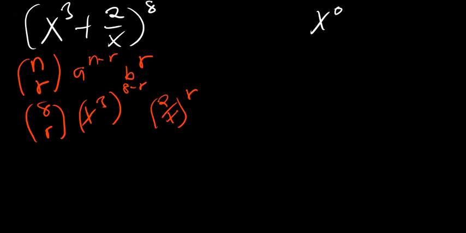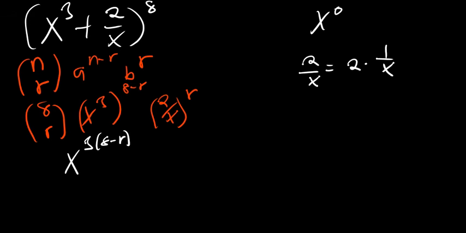So then this becomes x to the power 3, 8 minus r. This is what I was telling you to say. If you have got 2 over x, it's basically the same as 2 times 1 over x. That becomes 2 times x to the power negative 1. So basically this is the same as I have this now raised to the power r.